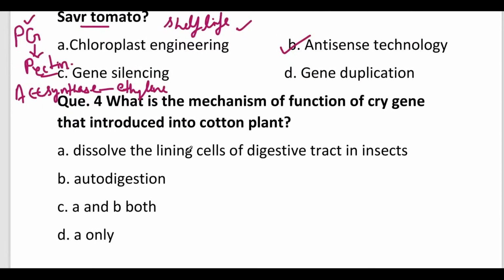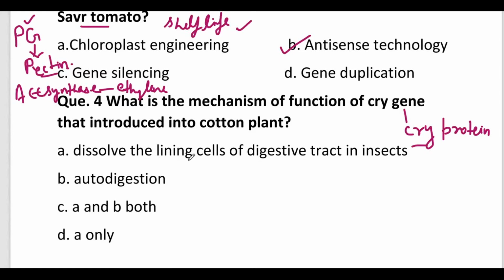Next question. What is the mechanism of function of the cry gene that is introduced into cotton plant? A. Dissolves the lining cells of the digestive tract in insects. B. Autodigestion. C. A and B both. D. A only. This cry gene produces Cry protein. This Cry protein acts as a toxin for the insect.